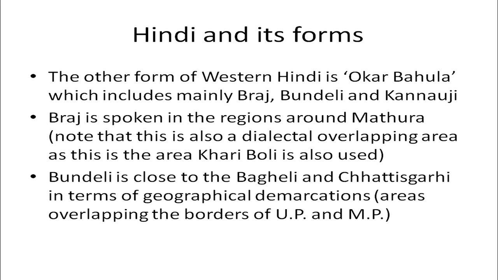So, there are dialectal variations, and Braj is spoken in that area also. Along with Braj, Khadi Boli and Koravi might exist in some areas. This is the linguistic variation that you find in the multilingual societies that we have in India within the area where Hindi is being used.